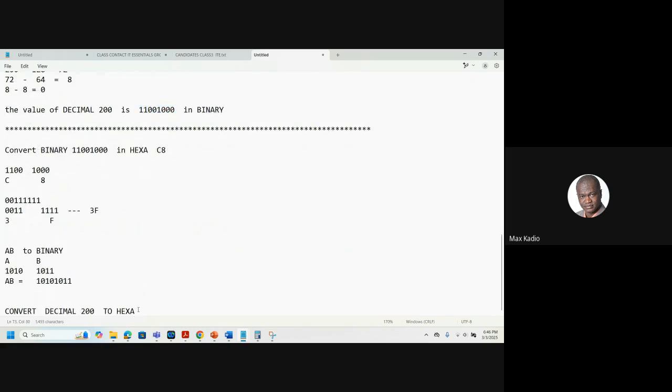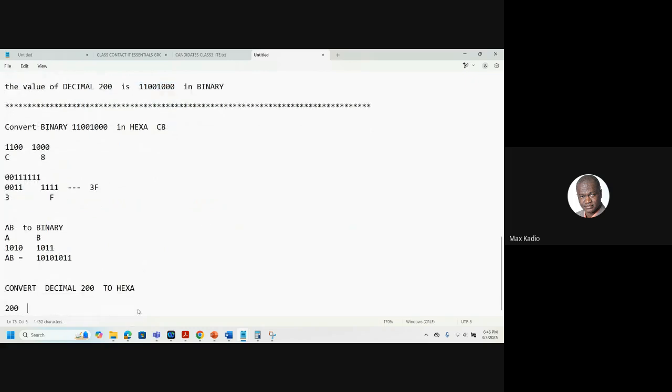So 200 is this in binary. Now, from here, what do you do? You divide in 2, in half. 1, 2, 3, 4.